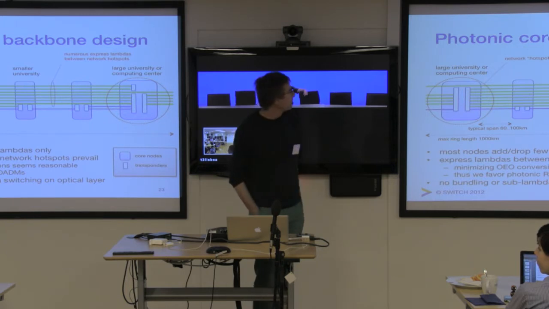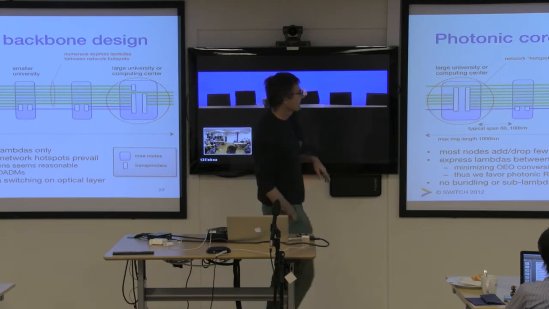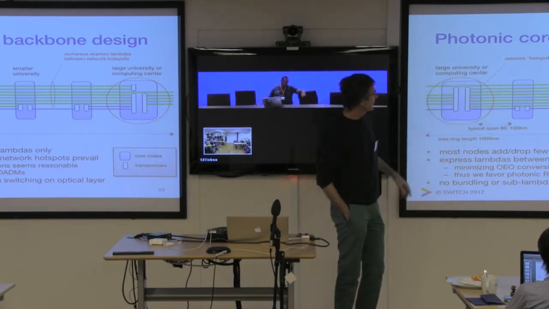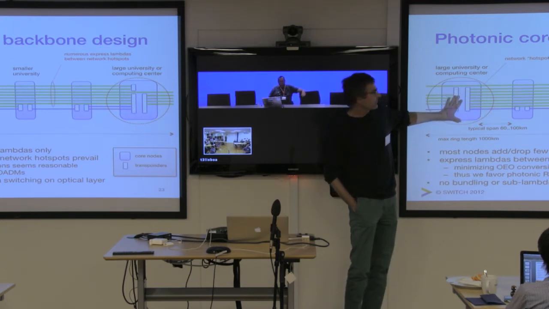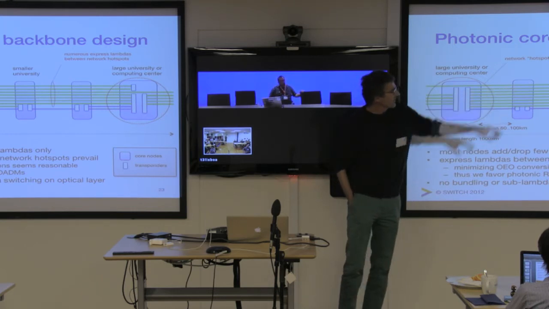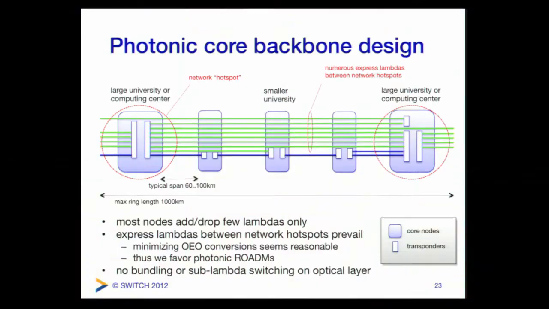Okay, this is how we see our backbone. That could be, for example, Geneva and Lugano and Ticino. Because these are the major traffic hotspots, we will have a lot of lambdas just going from one hotspot to the other. And we don't want to regenerate this everywhere, so we really want transparent lambdas.